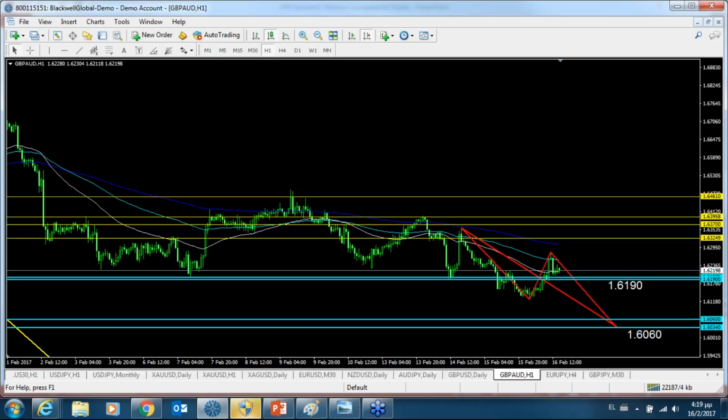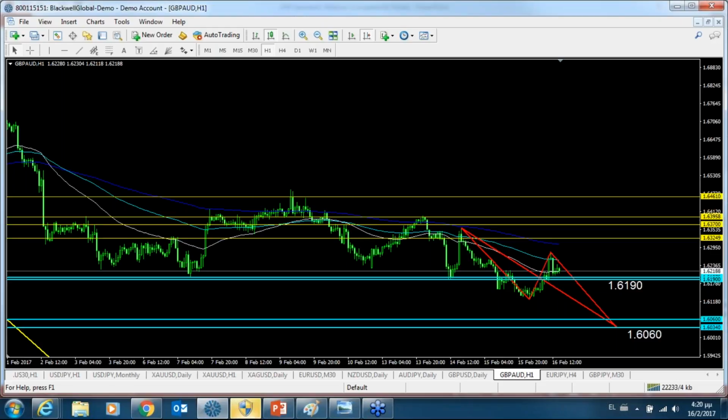But that way, you will then view the market in a more risk-averse manner, meaning that you want prices to first be pulled down a bit more to look into the dominance of the bears, and then with the bears in control, sellers in control, only then you want to enter with them. Then you can look into 1.6170 as your ideal entry area, looking at still the 1.6060 as your ideal take profit or exit area. Okay, so hope that is clear.